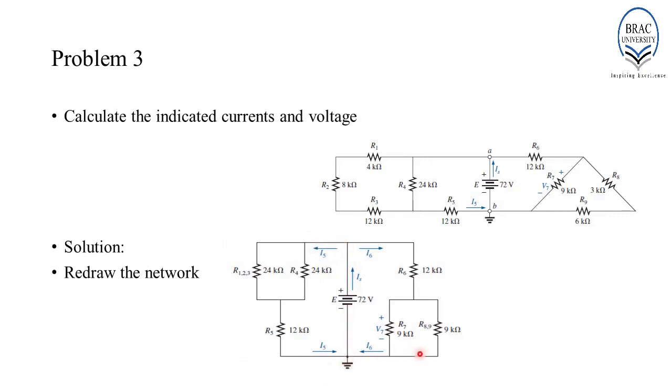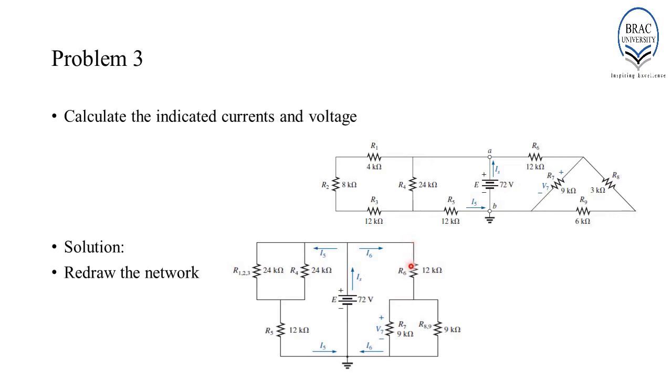On the right hand side, we find the combined resistance of R8 and R9, which in this case is 6 plus 3, 9K. This combination of resistances is connected in parallel with R7. And this configuration is in series with R6.